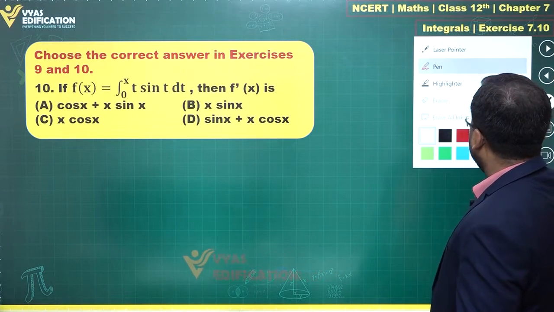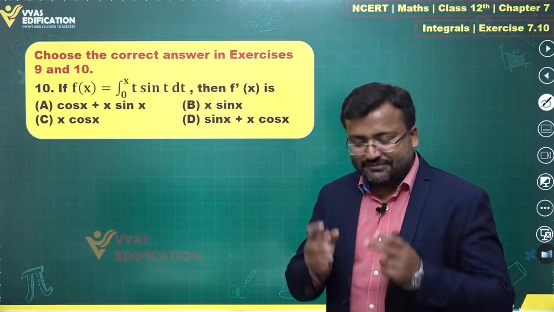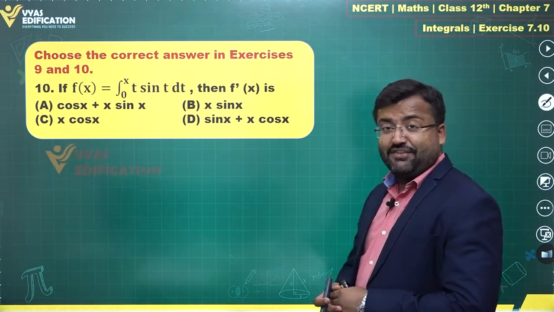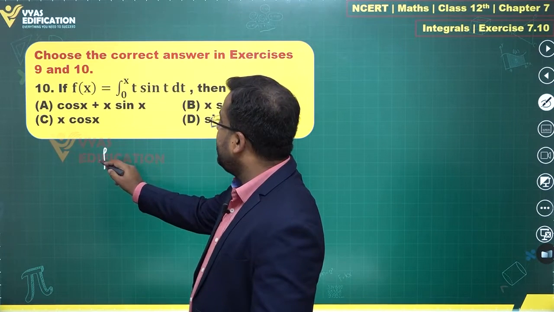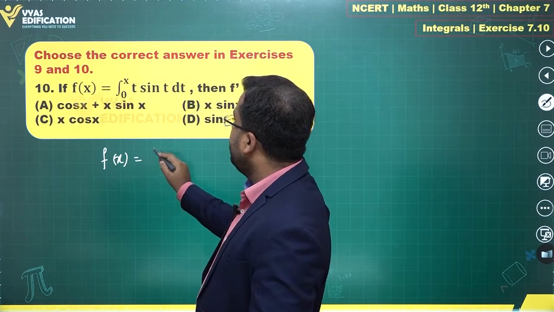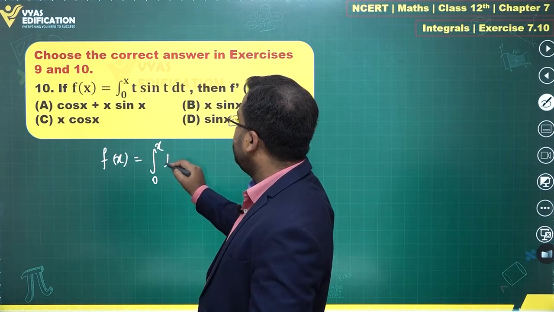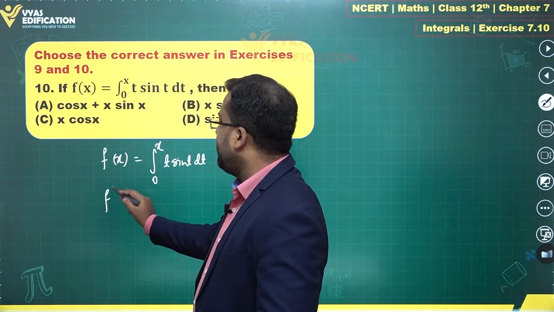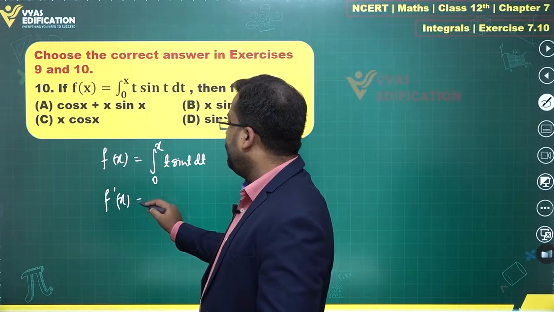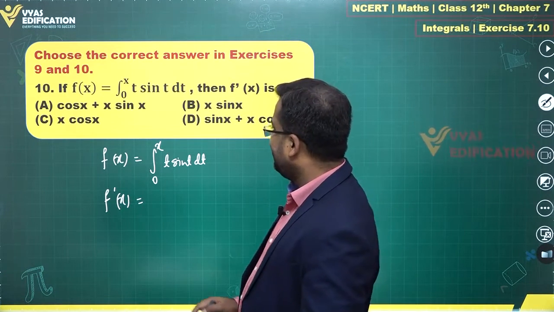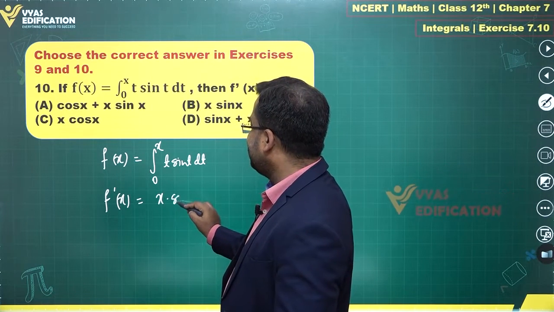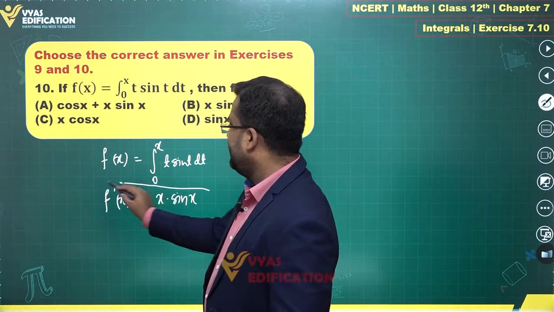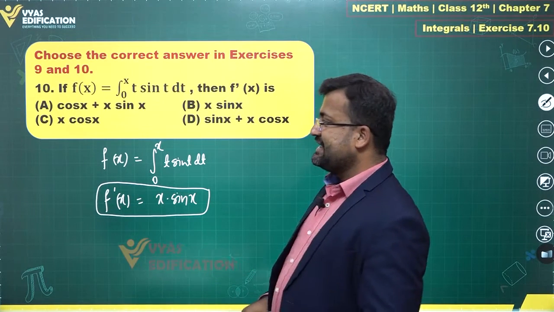If you are aware of the Newton-Leibniz theorem, then you can write that derivative directly: f(x) is equal to the integral from 0 to x of t sin t dt, and f prime x will be simply x sin x. Is that all? Yes, actually that's all.